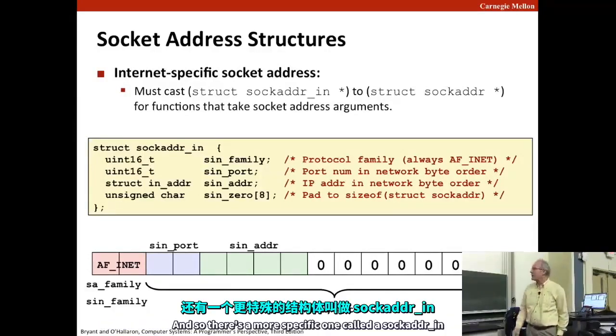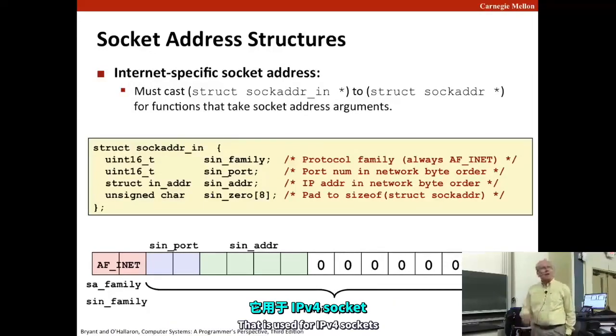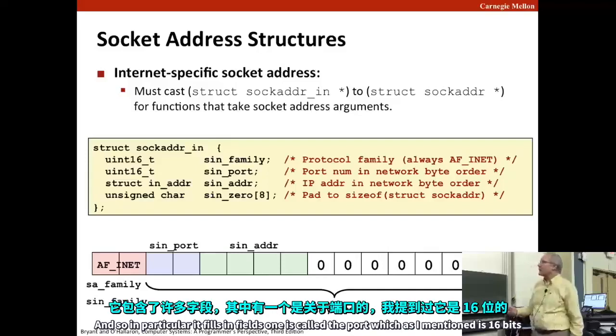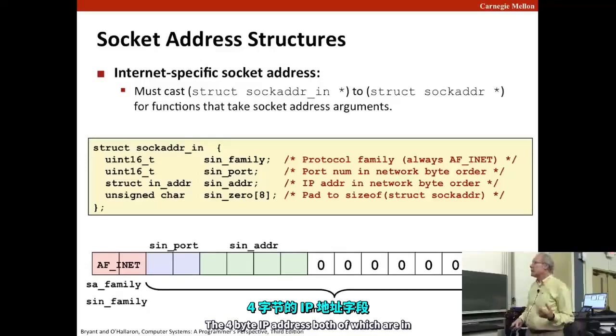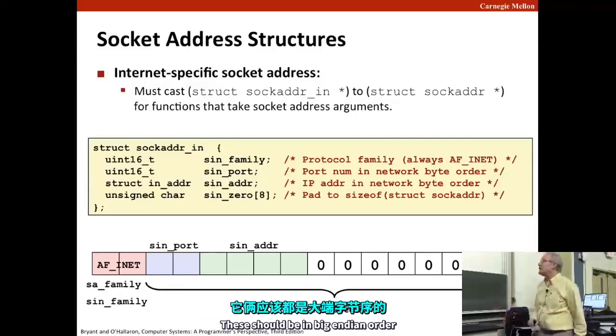So there's a more specific one called sockaddr_in that is used for IPv4 sockets, not IPv6. In particular, it fills in fields. One is called the port, which, as I mentioned, is 16 bits. And then the 4-byte IP address, both of which, even if you're running this software on an x86 machine, should be in big endian order.